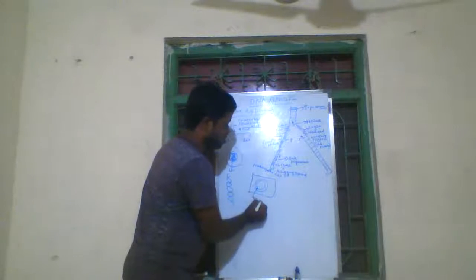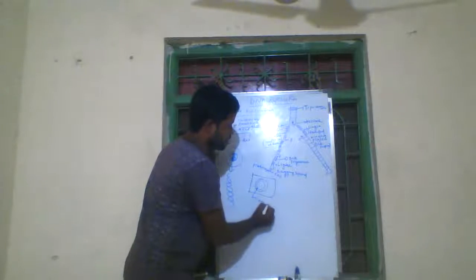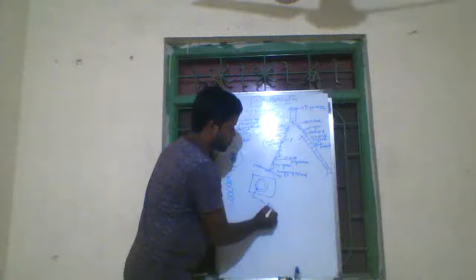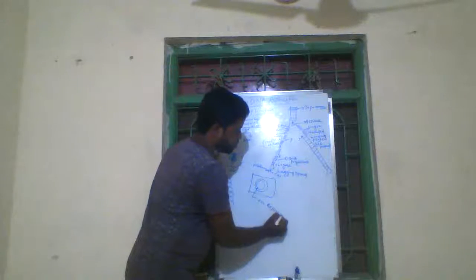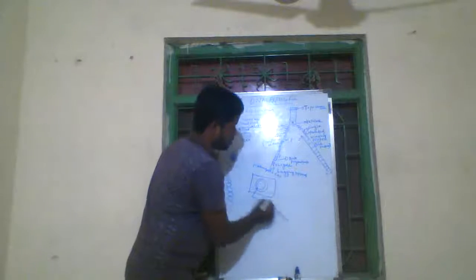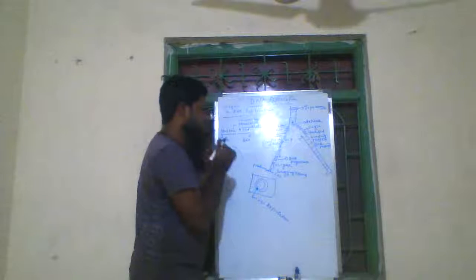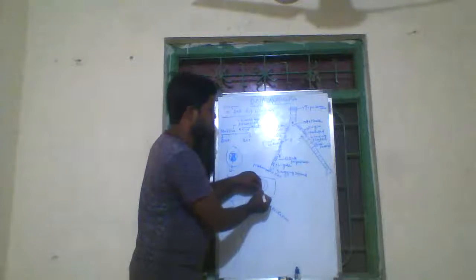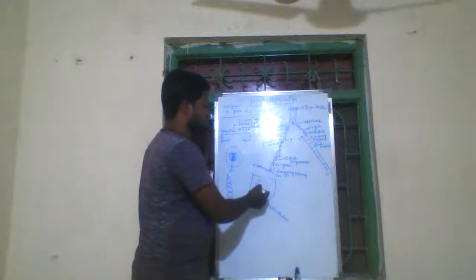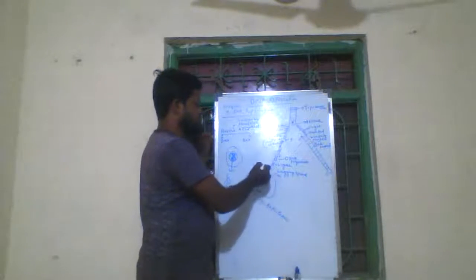This is called the origin of replication. This is a specific site at which DNA replication is initiated, and the DNA opens up in a specific direction.